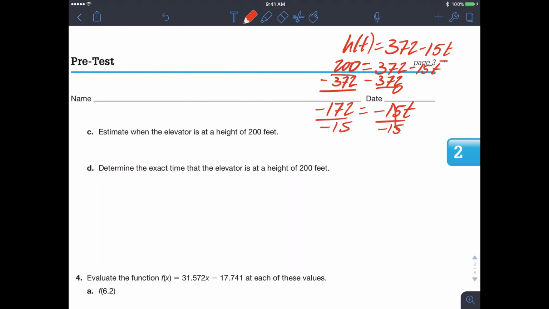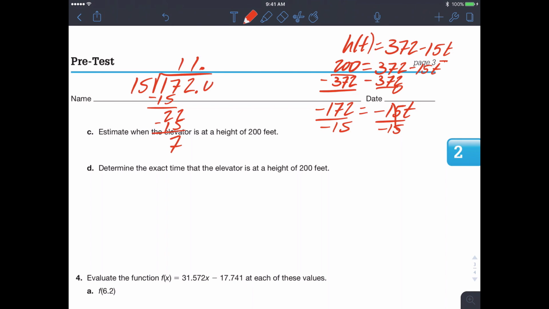And the problem is, how does 15 go into 172? 15 goes into 17 once. You get 22. 15 goes into 22 once. And you get 7.